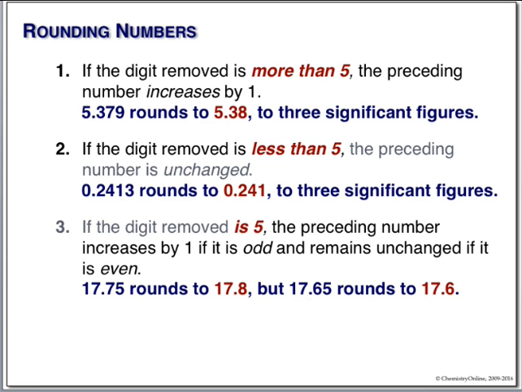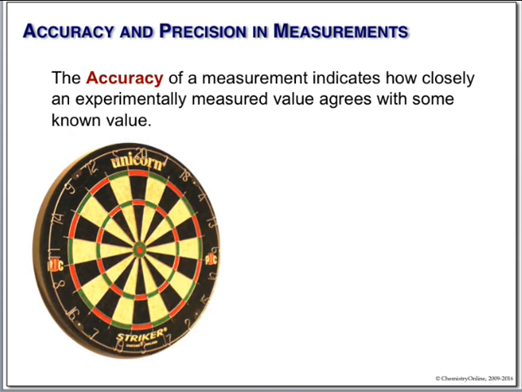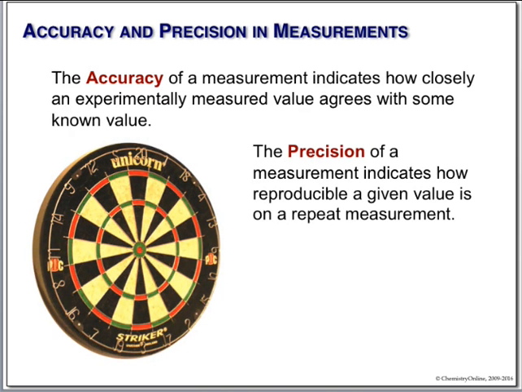There was a question on your lab about precision. Precision and accuracy are two different things. Accuracy is a measurement of how closely an experimental value is to a known value. Precision is how reproducible a given value is.